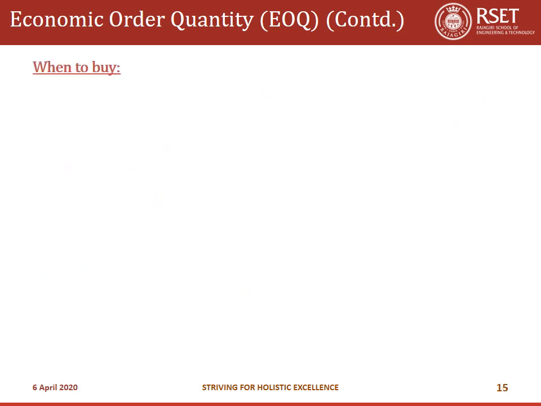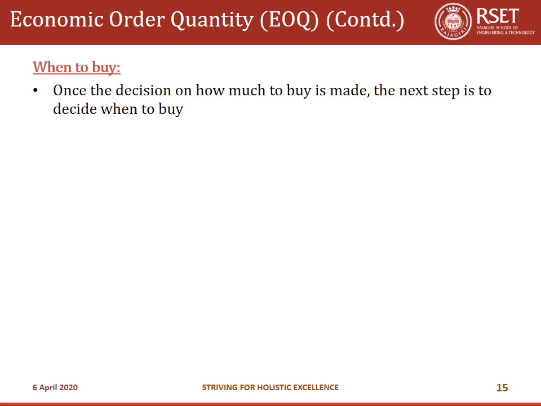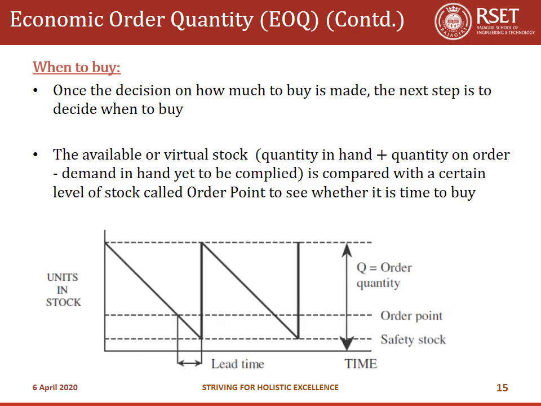The next question is when to buy. Once you have come up with the decision on how much to buy, the next decision is to decide when to buy this. So the available virtual stock. Virtual stock means the quantity in hand plus the quantity on order minus the demand in hand yet to be complied with.